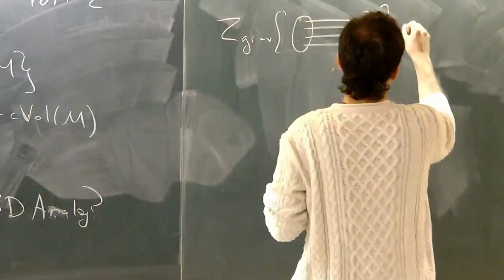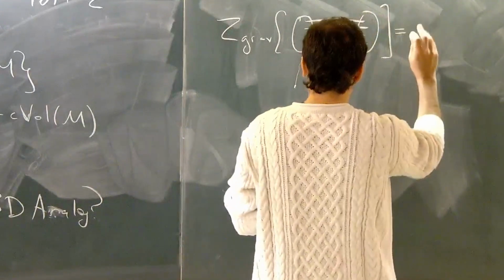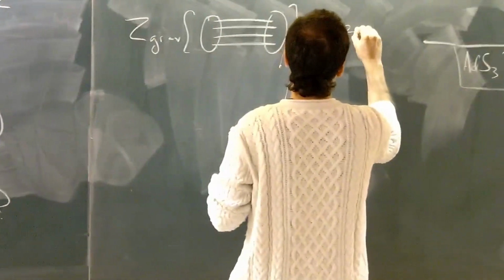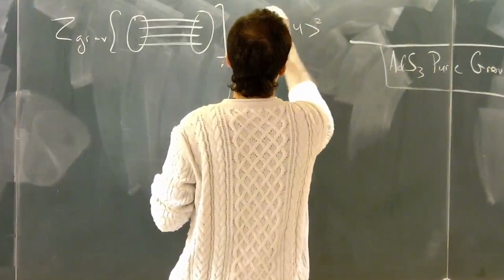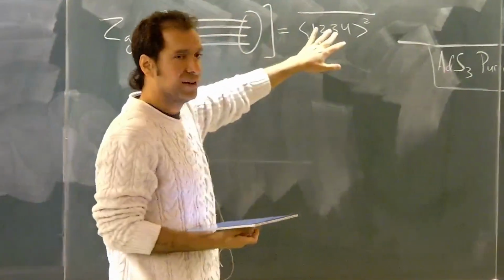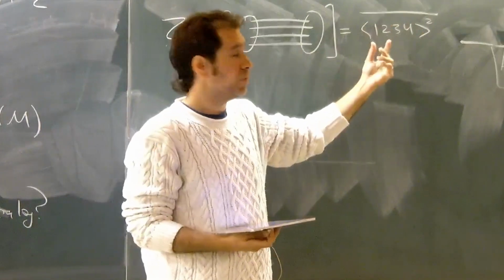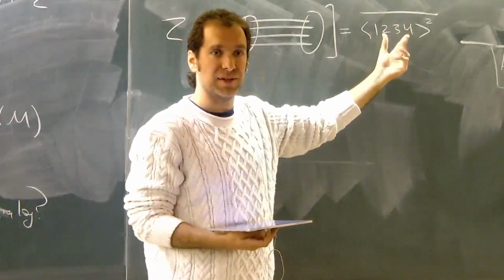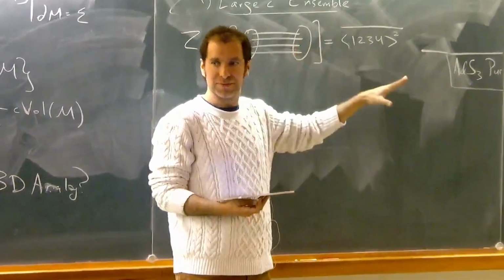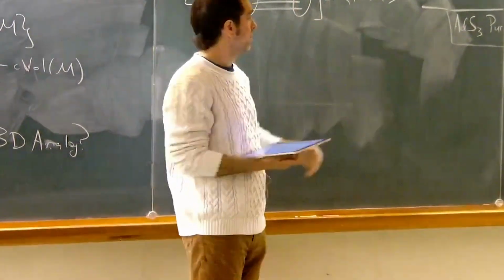And so what they showed is that the ensemble computes the average of a square of this four-point function of these four operators, where this is decomposed in some OPE channel, and then this Gaussian random ansatz is used to compute the contractions.